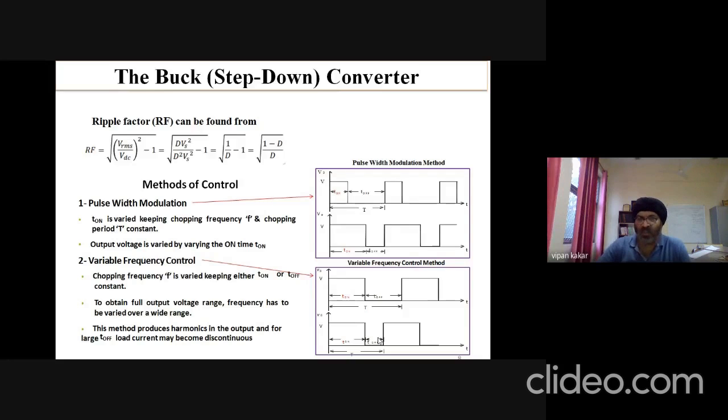Due to these harmonics at the output, the current can go to discontinuous mode of conduction. So we have to take care that the harmonics at the output are eliminated. If they get eliminated, then it's okay. But normally these harmonics can distort the output and can convert the continuous current into a discontinuous current.